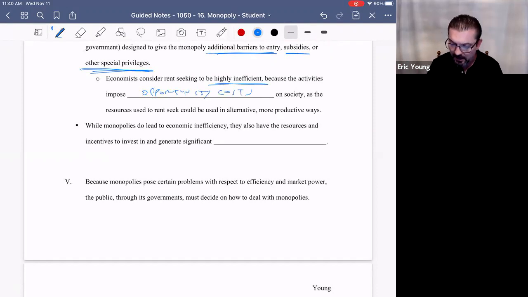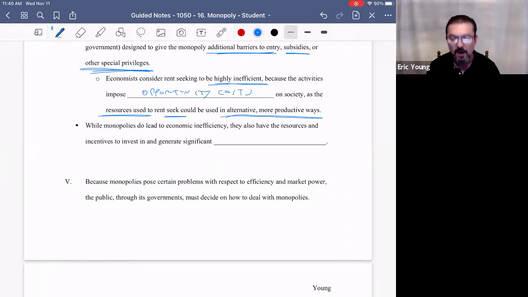You have to think that when the monopoly uses all these resources to do rent seeking, those resources could have been used for other alternative, more productive endeavors, creating new products, finding ways to hire more workers. There's lots of things that the monopoly could have used those resources for. By directing resources to rent seeking, there's an opportunity cost involved because that monopoly can no longer use those resources to do other things that would have benefited society.